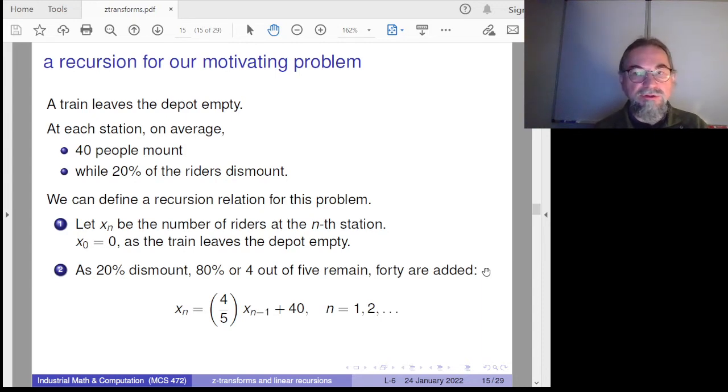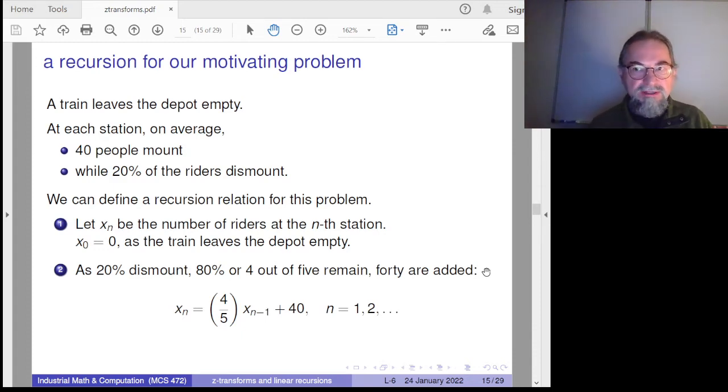Xn is the number of riders at every station. So at time 0, the depot is empty. At step 1, we will have 40. So in a way, we always have the constant 40. The "on average" assumes a statistical solution.